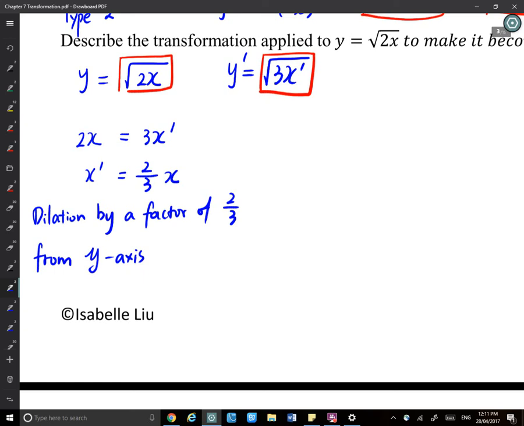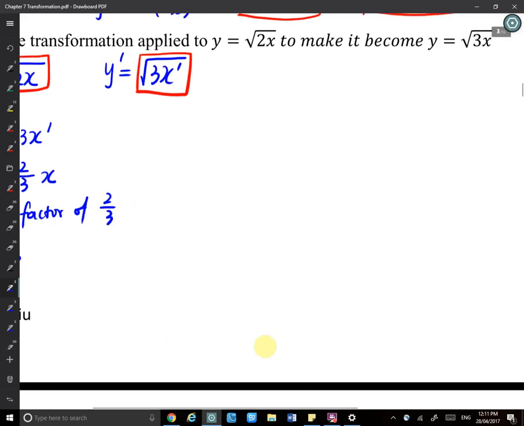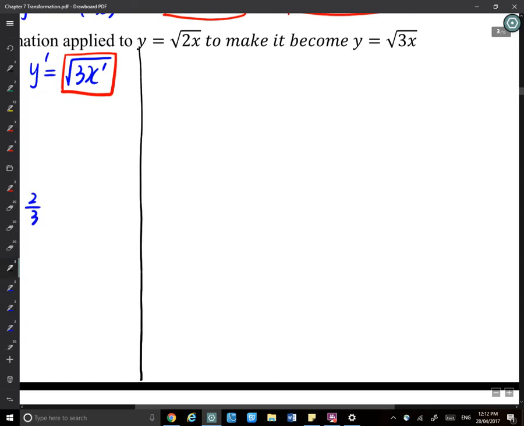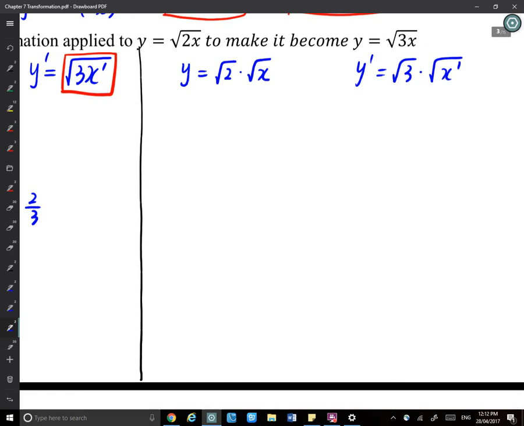Now I want to do something weird. I will show you something. So let's do y equals root 2 times root x, and y dash equals root 3 times root x dash. I separate them.